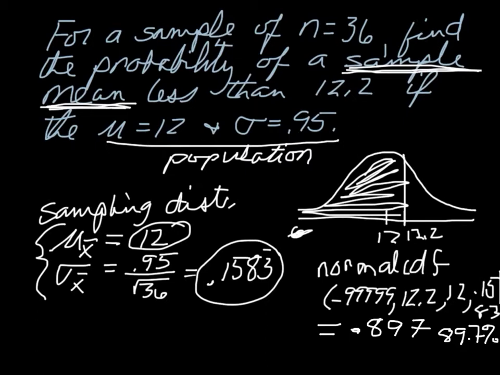So less than 12.2. All right? And then you could use the normal CDF for a right-tail area or for an in-between area, as we always had. But this is the typical problem.